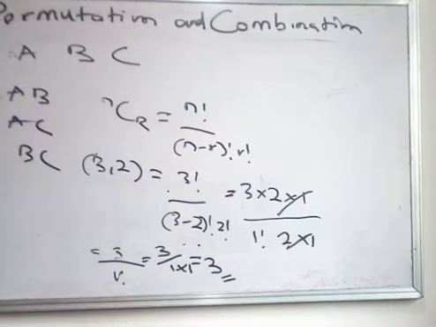Did you see that there are just 3 ways we can select 2 books out of 3? And here, whether it is AB or BA, the order does not matter because in this case we are selecting.